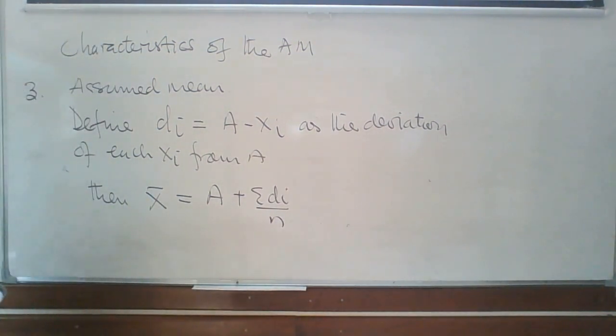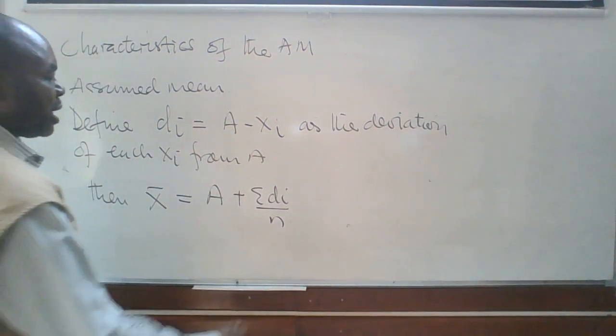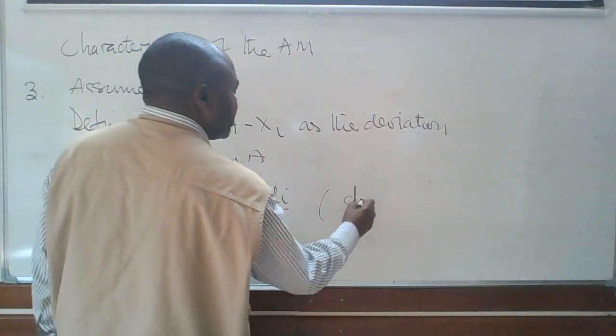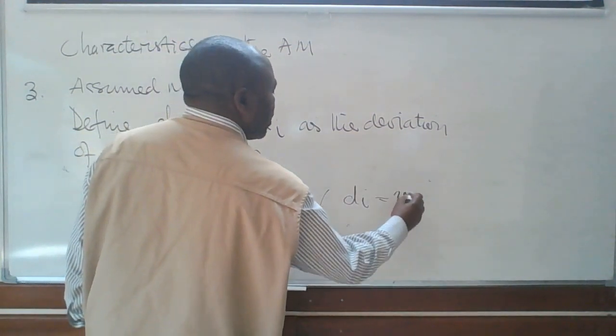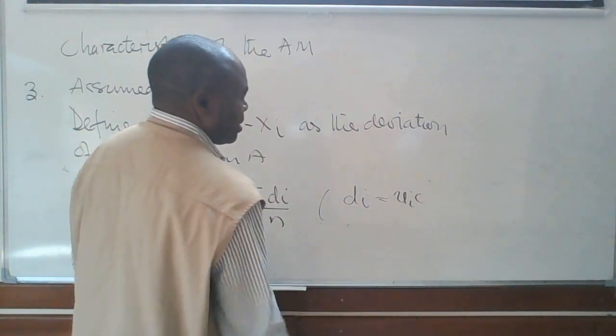But if I had space here, I could demonstrate that actually di is equal to ui multiplied by c.